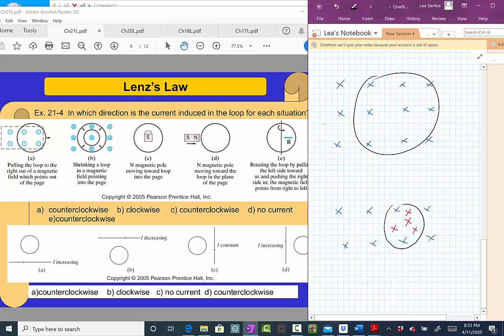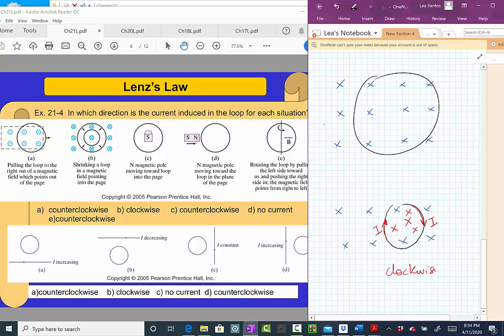Okay, so to get magnetic field going into the page, that means that the current that I will induce goes in this direction. In other words, our induced current is, in this case, clockwise. Why clockwise? Again, we want the field to go into the page to oppose the change.